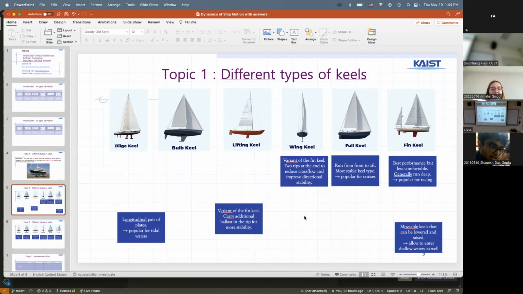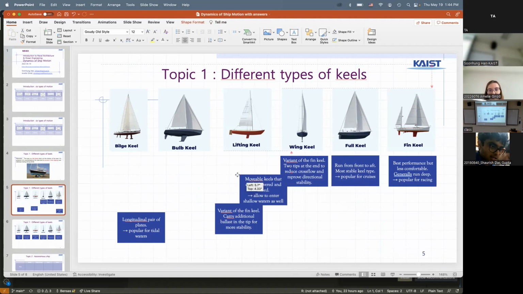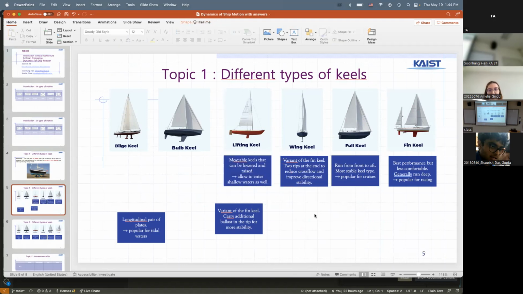I guess one is pretty easy if you look at the description of it. I think the lifting keel, the description is the last one. Okay. It looks like it's movable. The bilge keel is the one with the ballast. So, the right hand side.